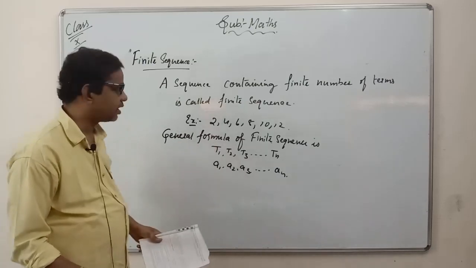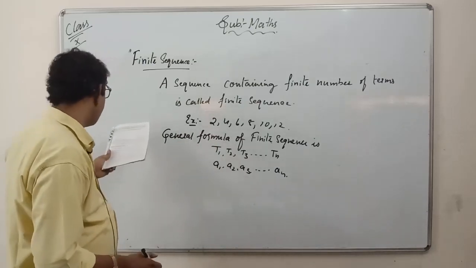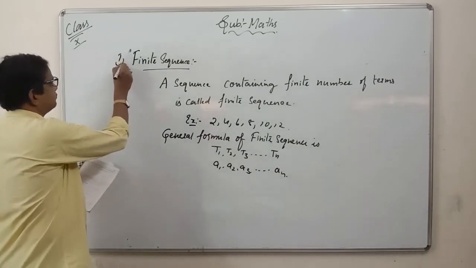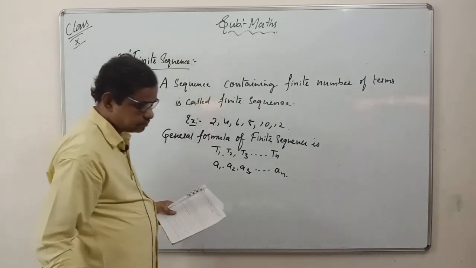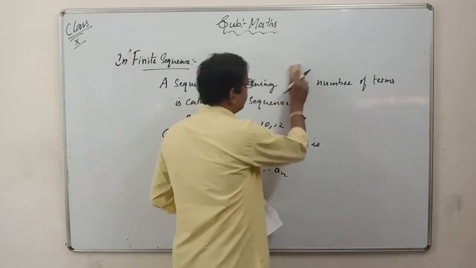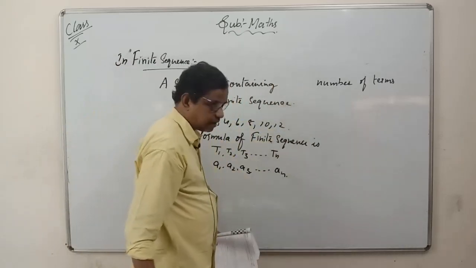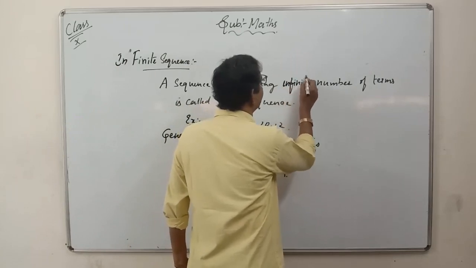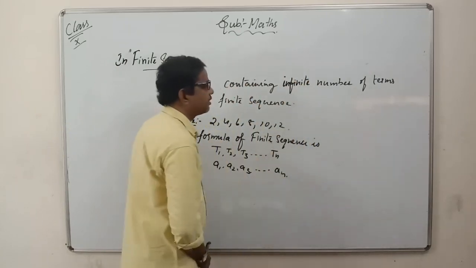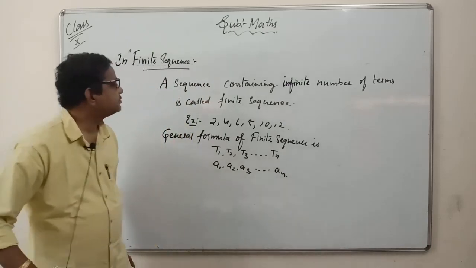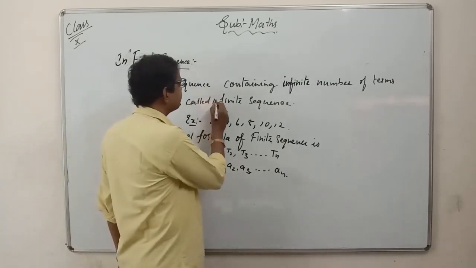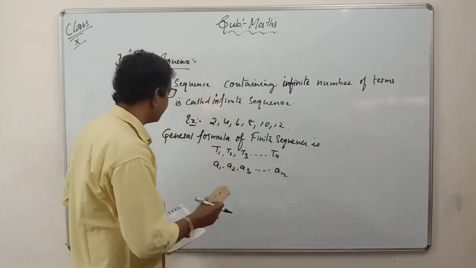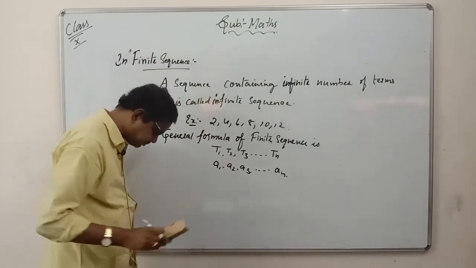And we have another one which is called infinite sequences. Instead of finite, we have an infinite number of terms, called infinite sequences. Let us see what these infinite sequences are.